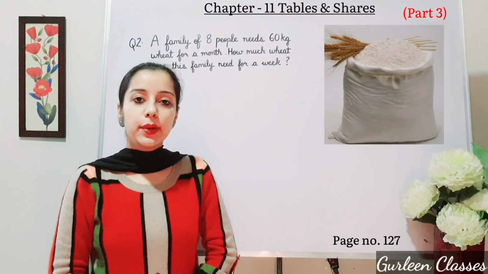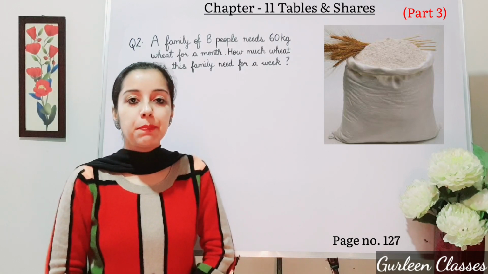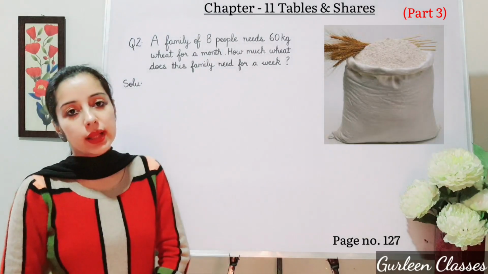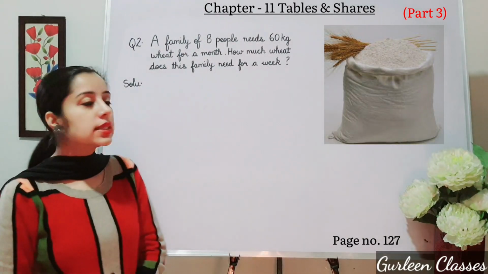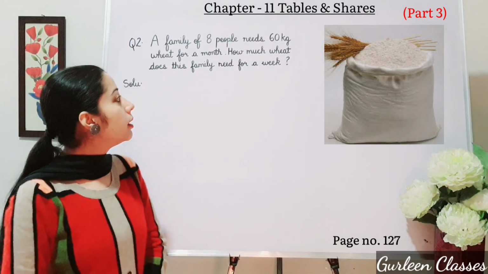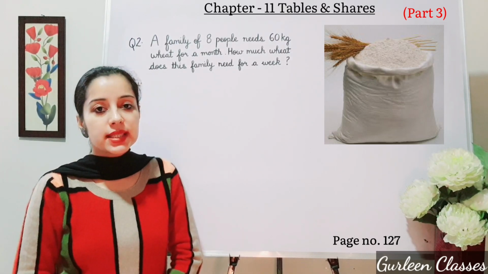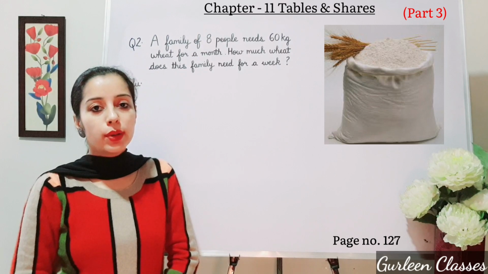Now question number 2. A family of 8 people needs 60 kg wheat for a month. How much wheat does this family need for a week? So students, we know that number of days in a month is equal to 30.